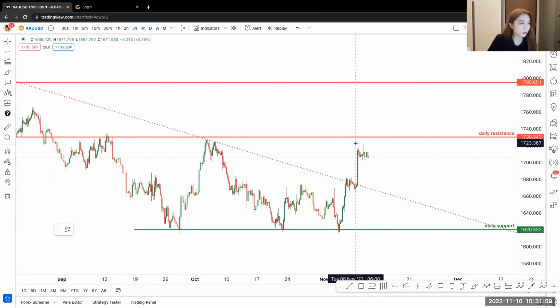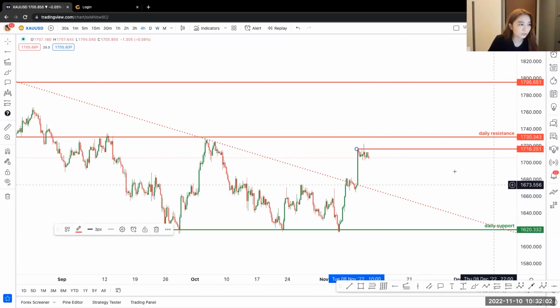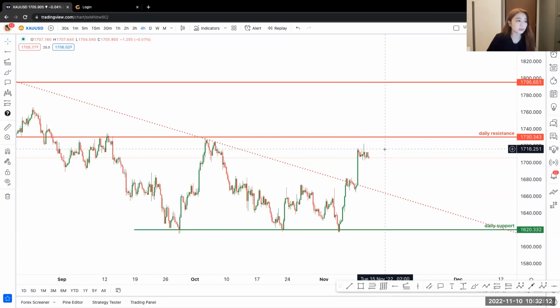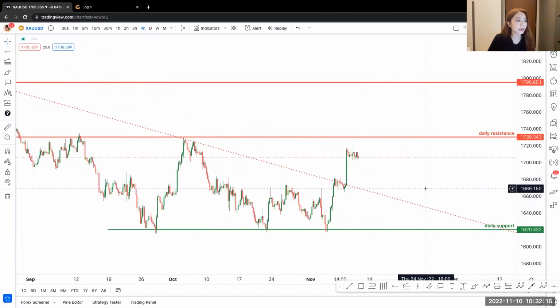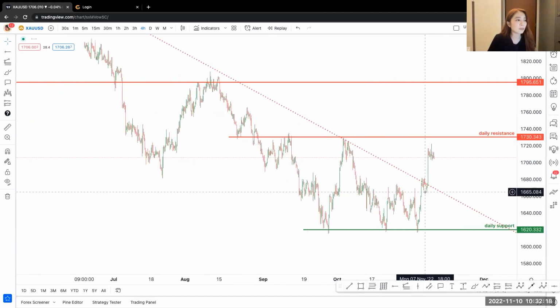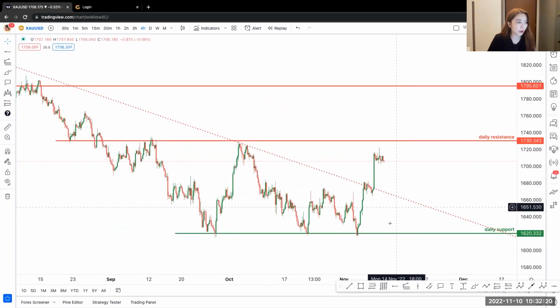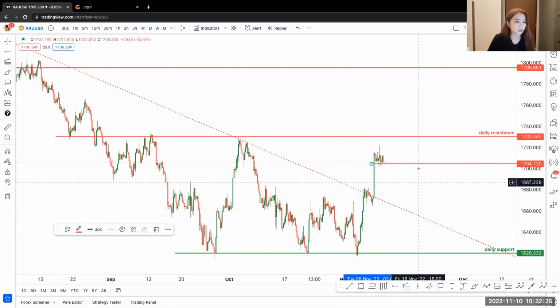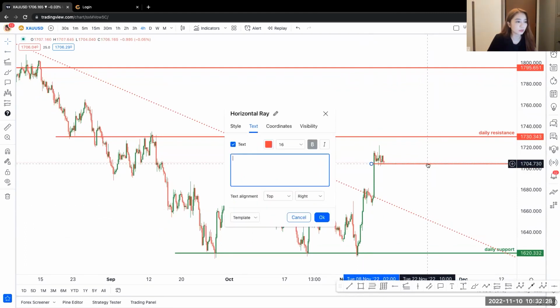On the 4-hour, there is a very small resistance, 1716.251. I don't think this is the top yet for a dropping price. I am looking at an upward movement for gold right now. So instead of that, I am looking at a support at 1704.3730.